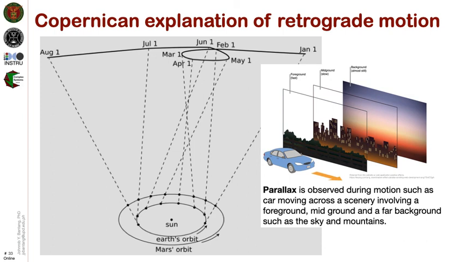As the Earth approaches along the slower orbit of Mars, the usual apparent motion is observed. However, as the Earth catches on, retrograde motion happens until such time that the Earth passes through and overtakes the planet. You can watch many videos on YouTube explaining retrograde motion according to the Copernican model. One such link is available in the description.